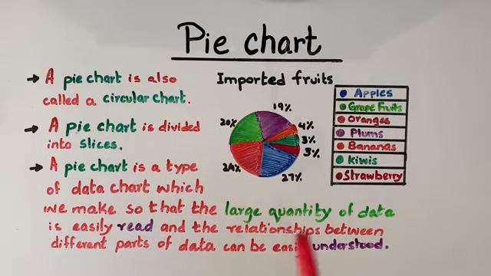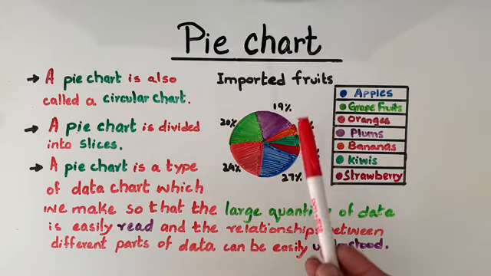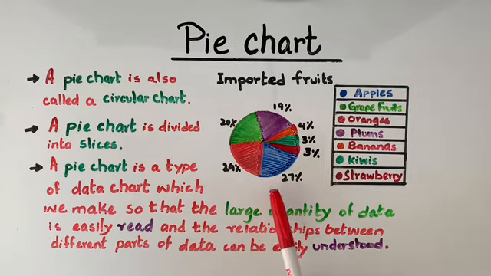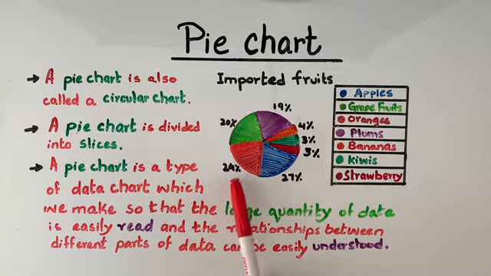Here the title says it is about the imported fruits. And according to the labels, this portion shows the percentage of apples imported out of total fruits imported is only 27%. The percentage of oranges imported out of the total fruits imported is 24%.